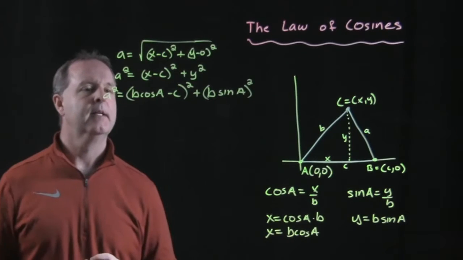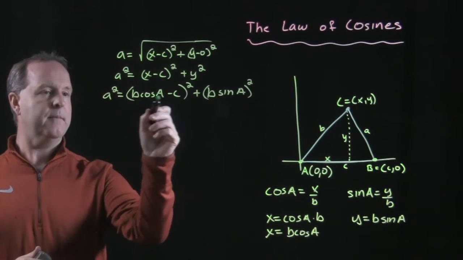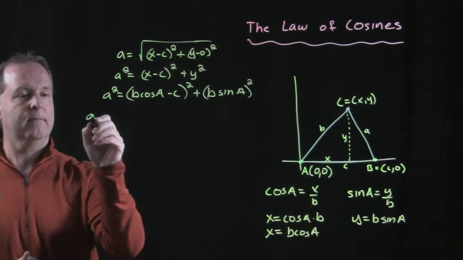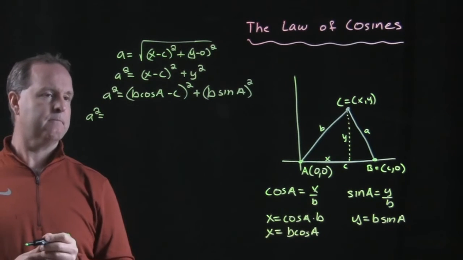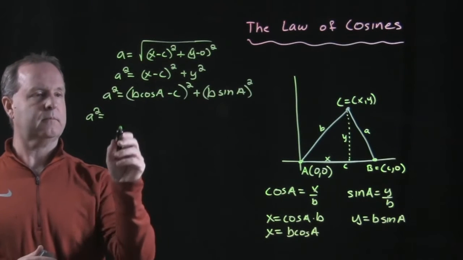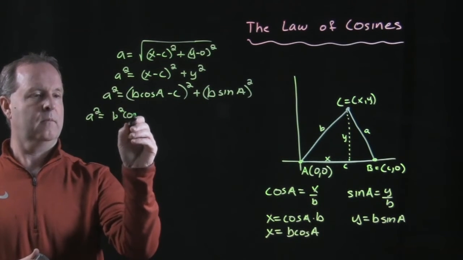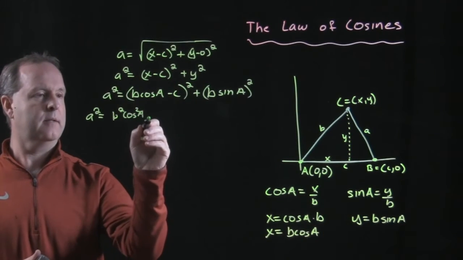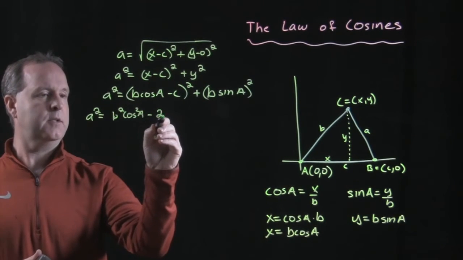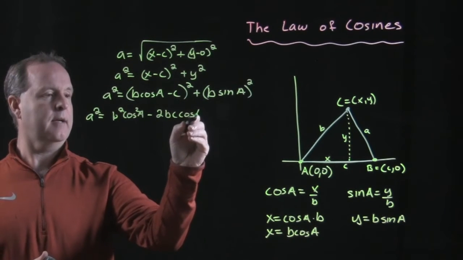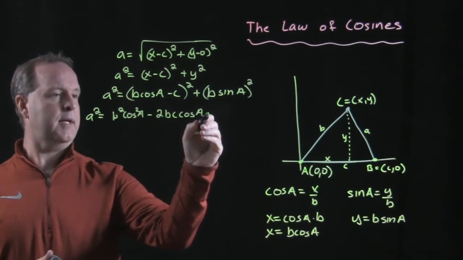From here, let's square this entire term. So we have a squared equals b squared cosine squared A minus 2 times b times c times cosine A plus c squared.